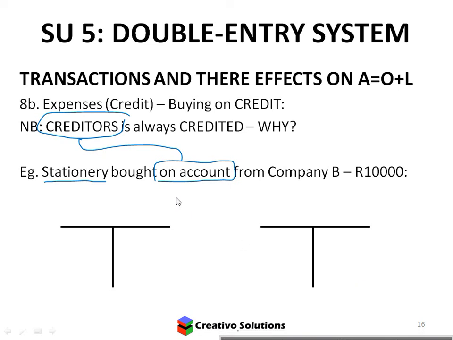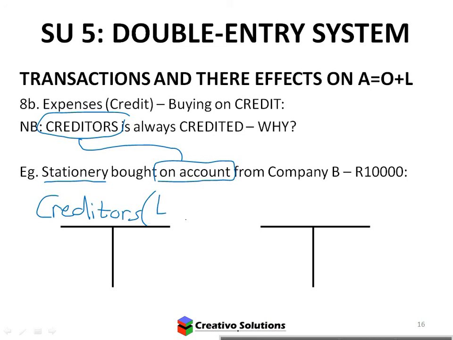So if I'm looking at creditors, do I know what it is? Good. See, you need to identify what it is. So do you guys agree, if I have a creditor, I'm owing someone something. That meets the definition of an obligation. An obligation is a liability.